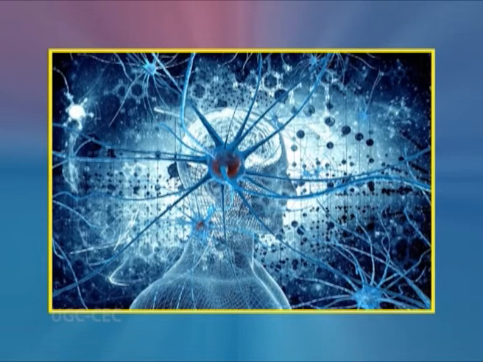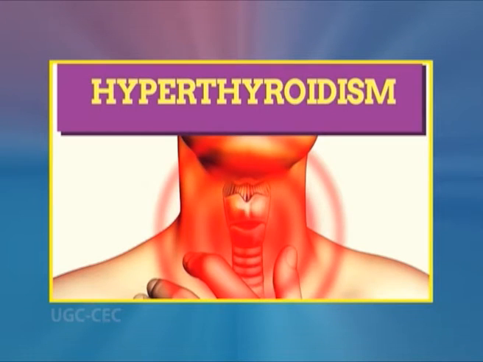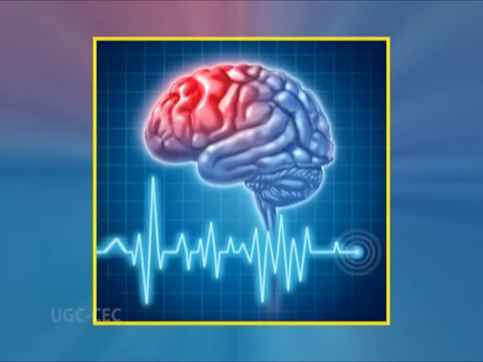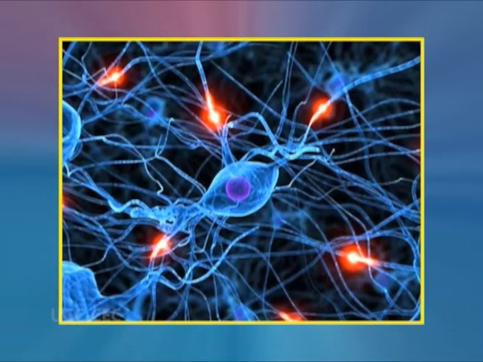Stroke, multiple sclerosis, hyperthyroidism, hypothyroidism, and dementias such as Alzheimer's disease, Huntington's disease, frontotemporal dementia, and Lewy body dementia may also be associated with schizophrenia-like psychotic symptoms.